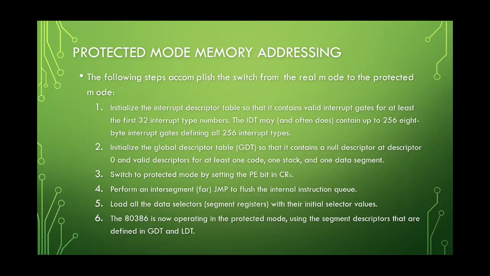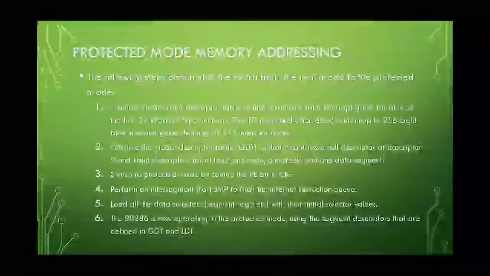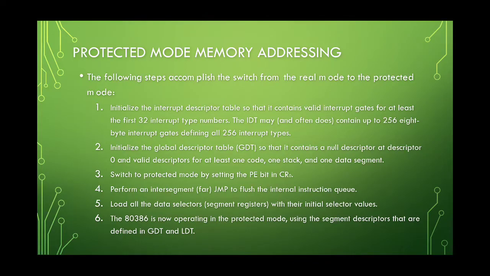At the time of initialization, the interrupt descriptor table must have at least the first 32 interrupt gates defined. In total, the IDT may have 256 interrupt gates. Each interrupt gate is 8 bytes.